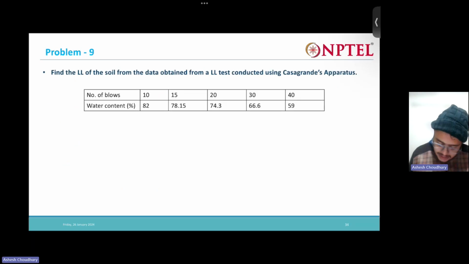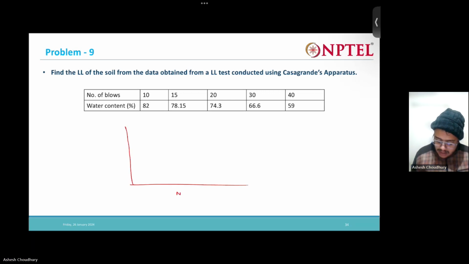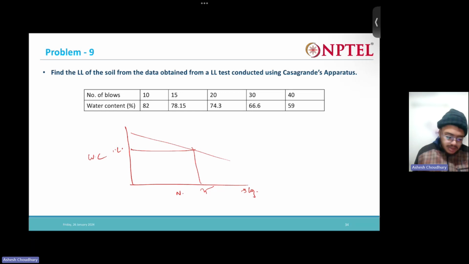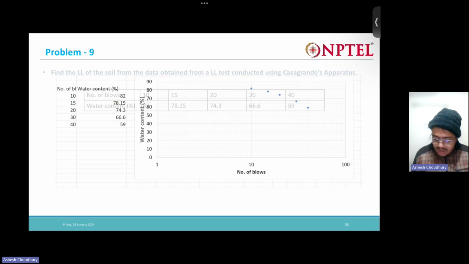Now find the liquid limit from the data using the second table. As I said, a number of blows is given and the water content is given. You need to plot this on a log scale. You will get a graph like this, and corresponding to 25 blows, whatever value comes is your liquid limit. I have done this in Excel, so you can see the number of blows plotted against the water content in a semi-log graph.